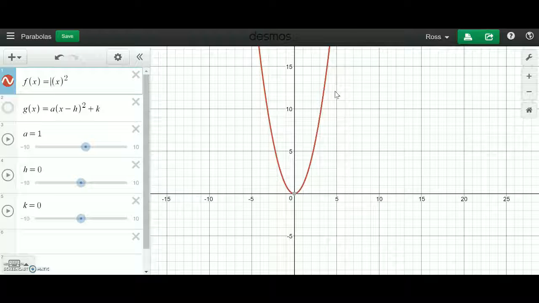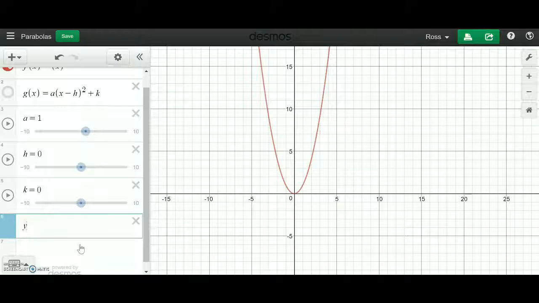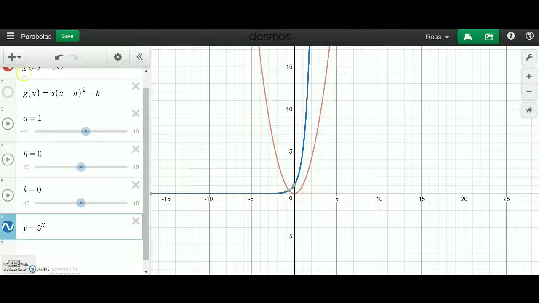It's similar to exponential functions in that the slope does change, but for exponential functions, which I will refresh your memory on here, that's something like y equals some number raised to the x power, this blue function here. We can see that while the slope is not constant, it's constantly changing, the slope for this particular function is always positive.